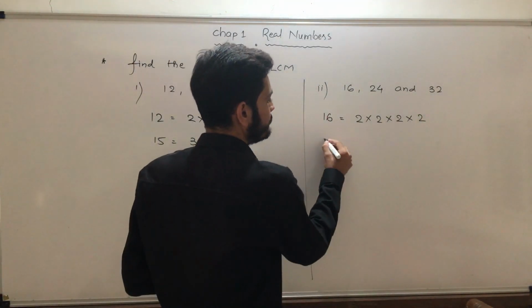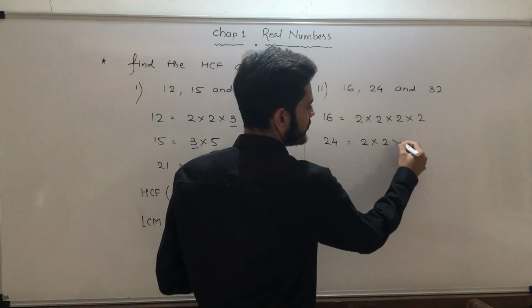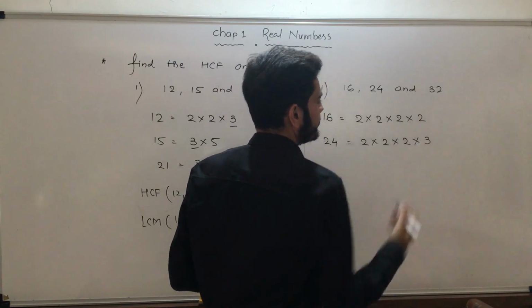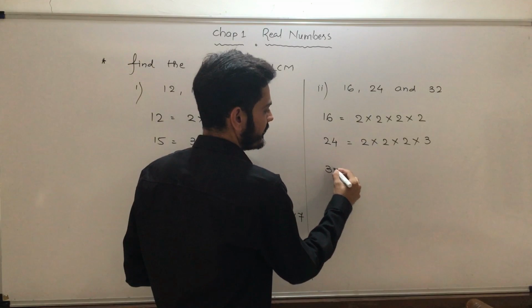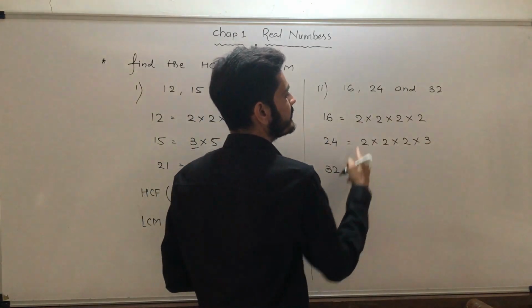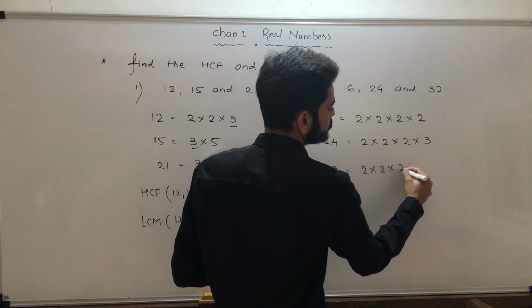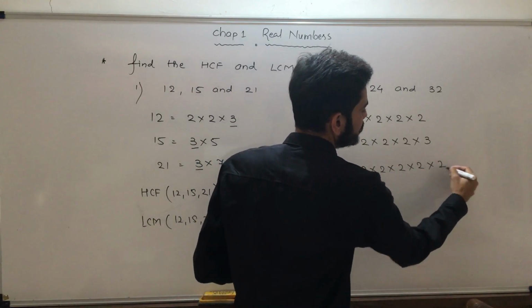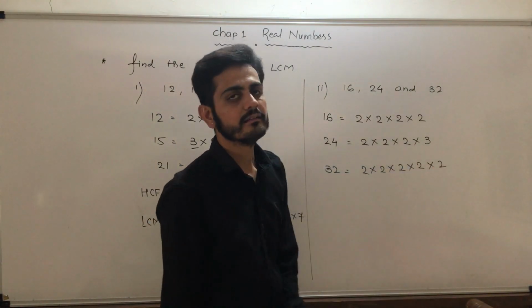Again 24 is nothing but 8 times 3, which is 2 into 2 into 2 into 3. So 8 threes are 24. 32 is 16 times 2, so there are five 2s: 2 into 2 into 2 into 2 into 2. 2 twos are 4, 2s are 8, 2s are 16, 2s are 32.